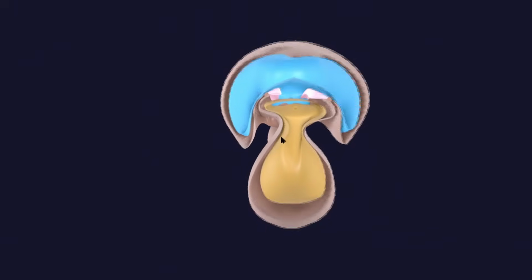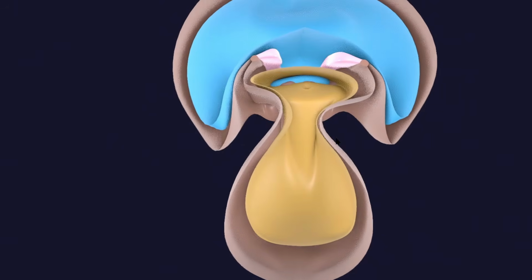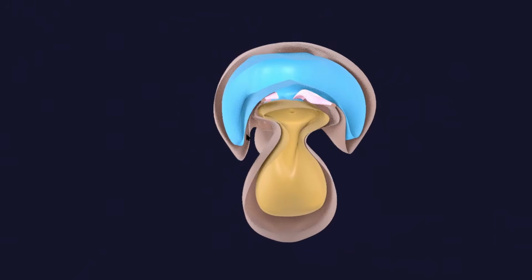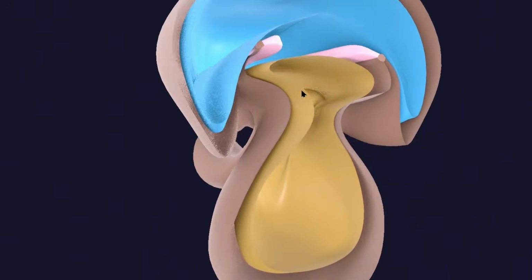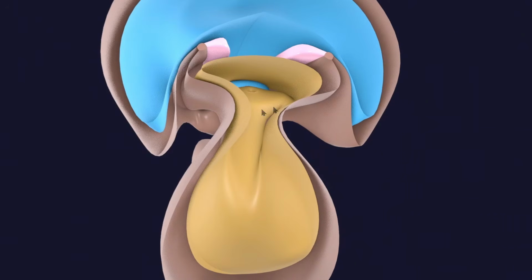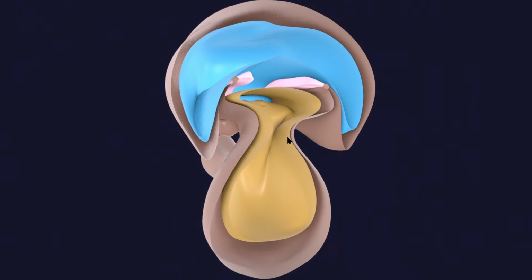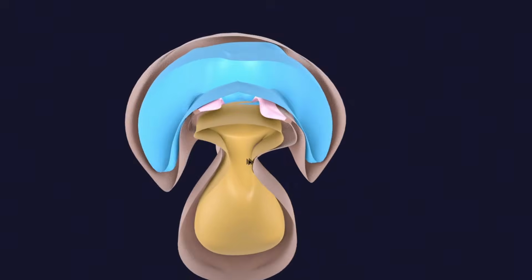So as a result of transverse folding, you can see what happened to this intraembryonic celom: it has attained a particular shape, and it is surrounding this primitive GI tube. So that is exactly what happens as a result of transverse folding.